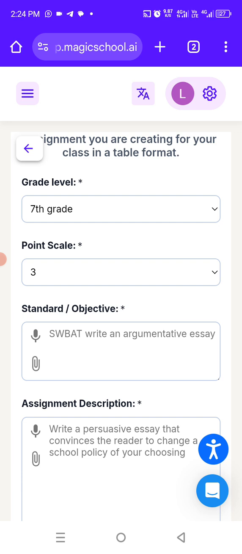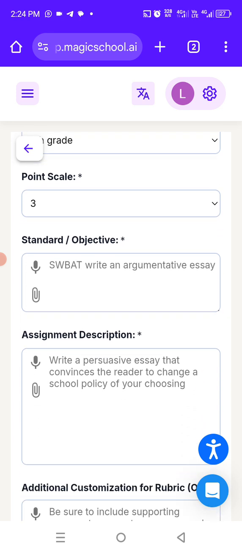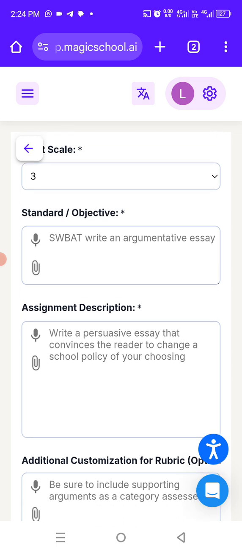So for example, let's stick with 7th grade and the point scale, but this time I don't want to use my computer topic. Let's switch gears a bit. I want to go to the assignment description part.